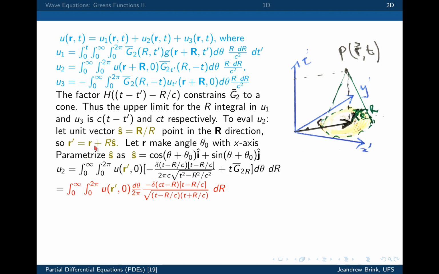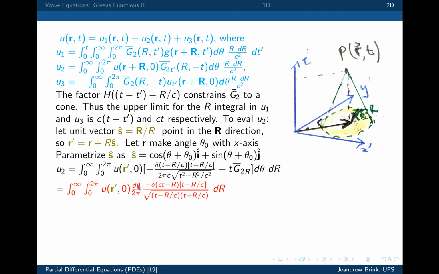So I have it at the origin at r, and then you have the r times s. So if I choose a certain distance for this r, this integral is simply the averaged value of u around that little circle. And then this delta function you can sort of work out.